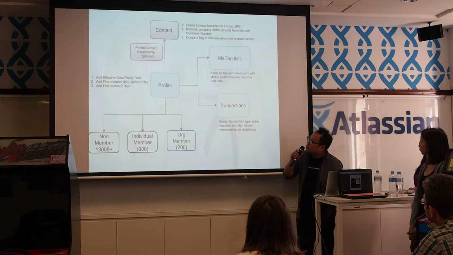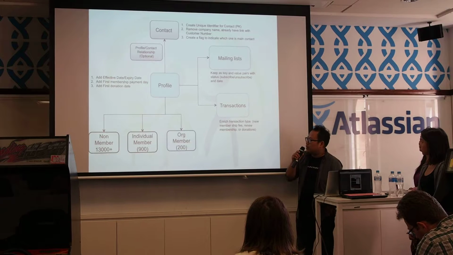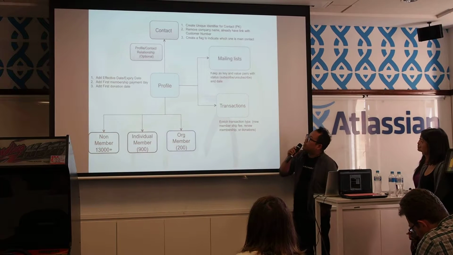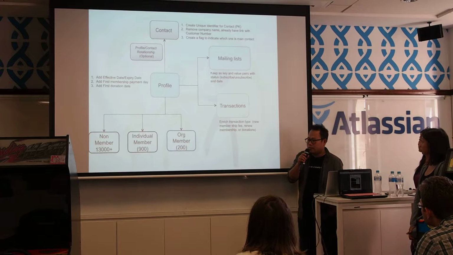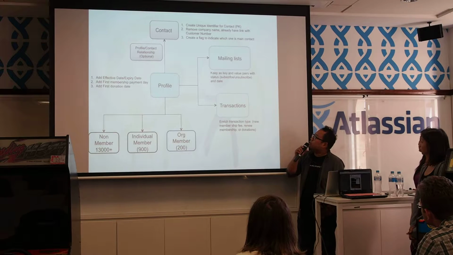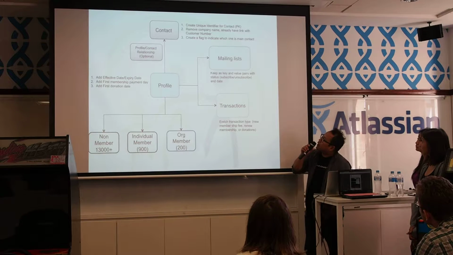For the individual member, you can have a one-to-one contact. For the organization member, it could have a one-to-many contact. In the contact table, we found there's no unique identifier for each of the contacts. So in the future, we suggest adding a primary key for each of the contacts.